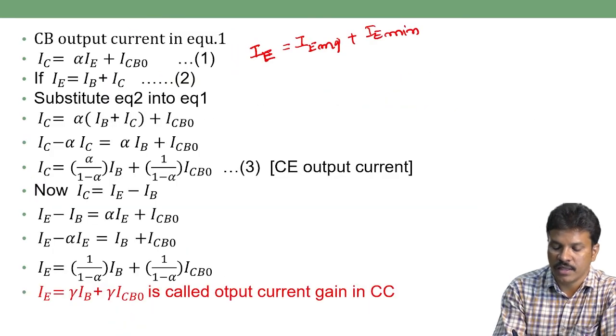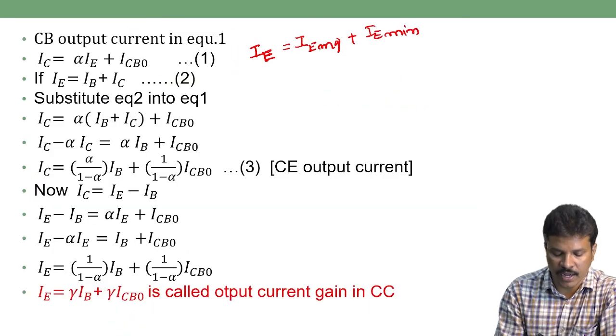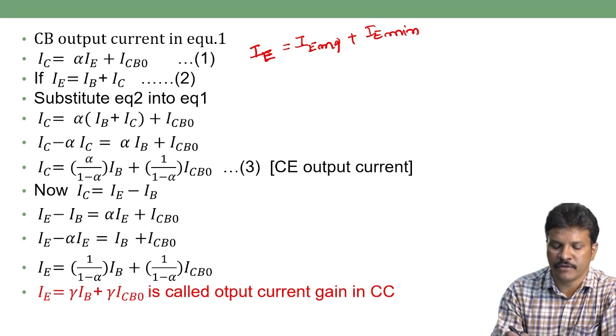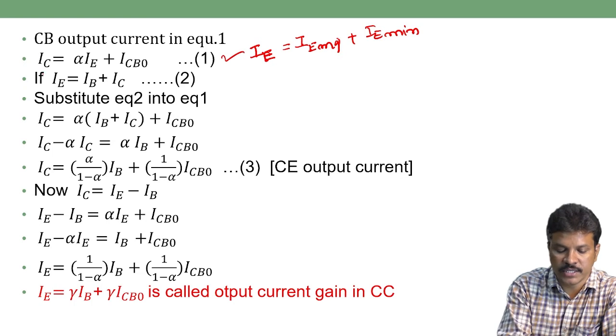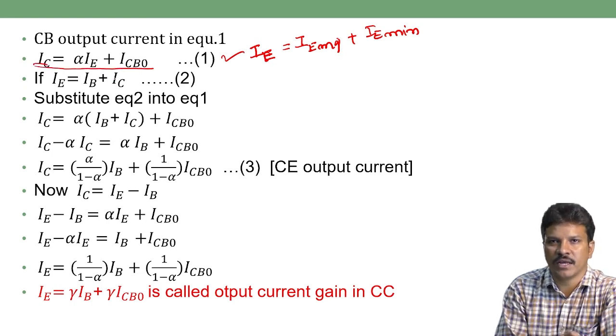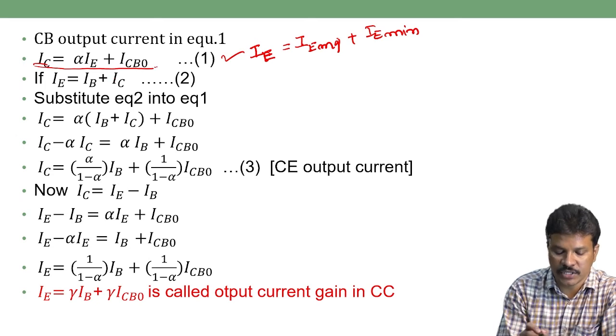The emitter current can be calculated from the basic formula in the common base configuration: IC equals alpha IE plus ICB0.